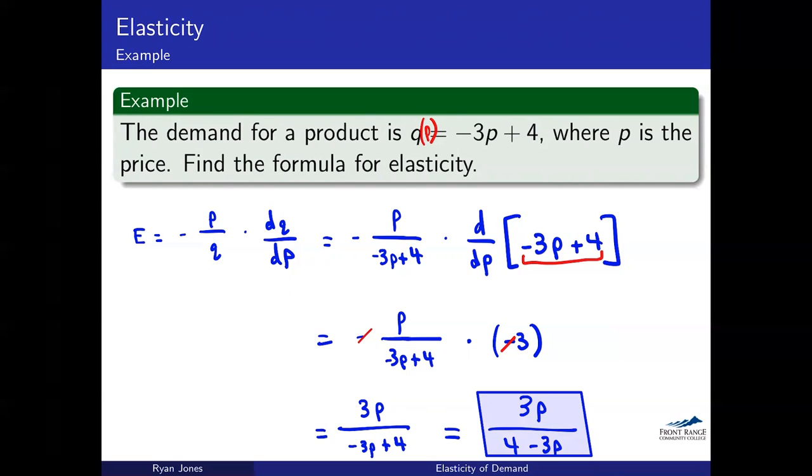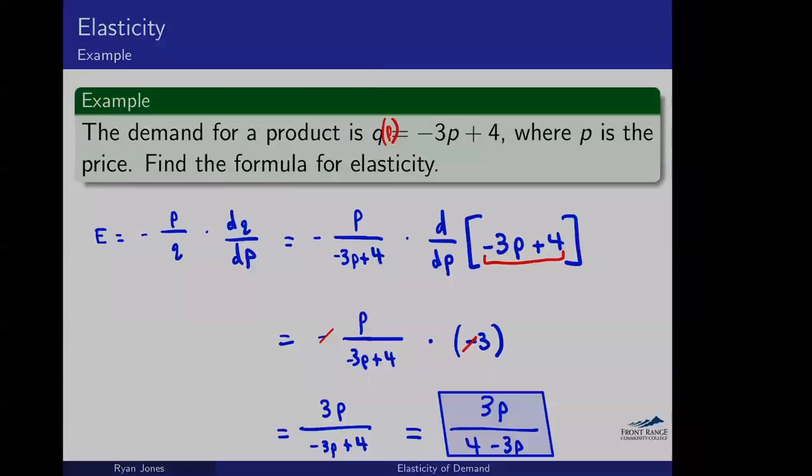We may ask ourselves now, for what price points is this good elastic or inelastic? And let's just remind ourselves. So we have E, let's do a different color there. So E is equal to 3P over 4 minus 3P.